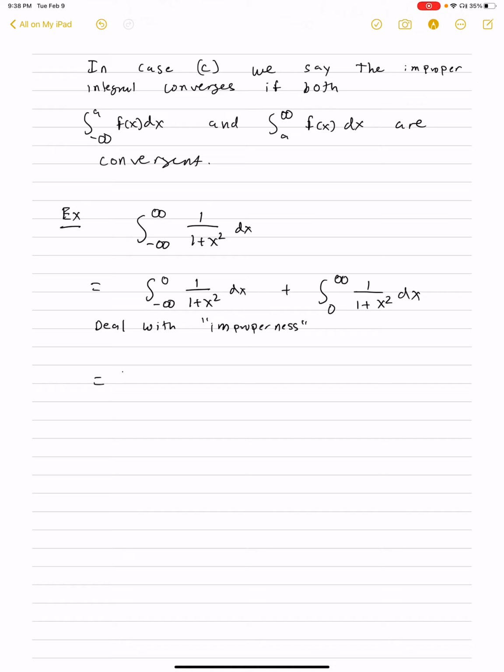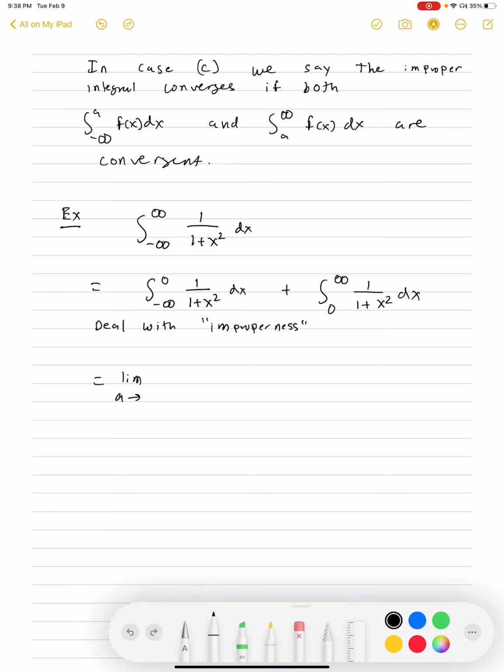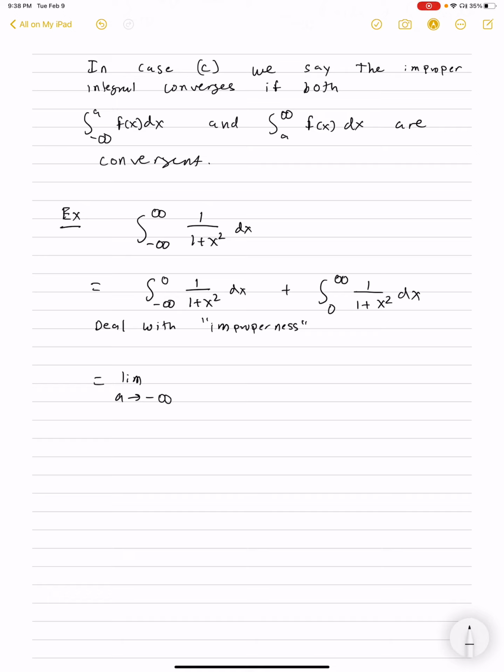So I'm going to have this limit as a goes to minus infinity of the integral from a to 0 of 1 over 1 plus x squared dx plus this limit as b goes to infinity of this integral from 0 to b of 1 over 1 plus x squared dx.